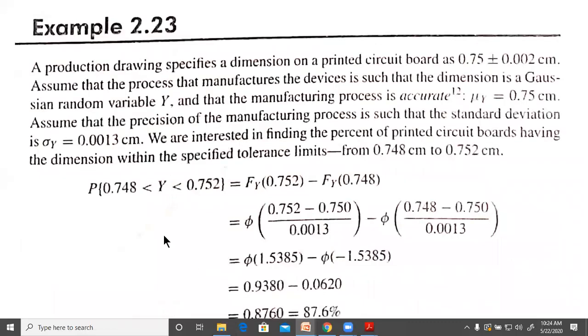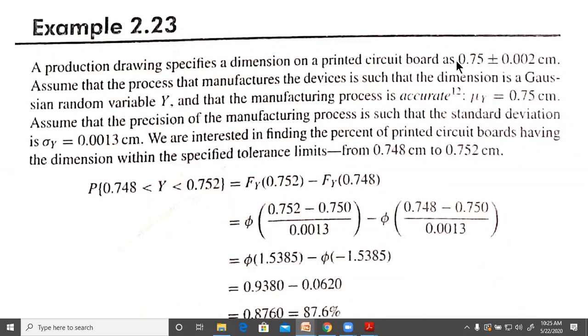So let us take an example here. A production drawing specifies a dimension on a PCB of this, right? So this is the range of the dimensions.